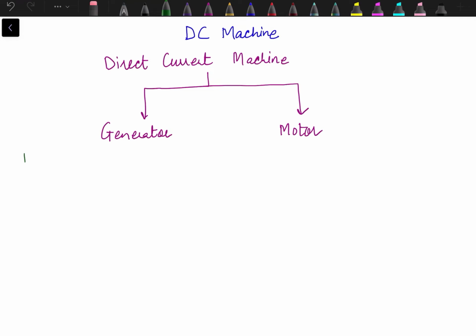Now for a generator, the input is mechanical energy and output is electrical energy.